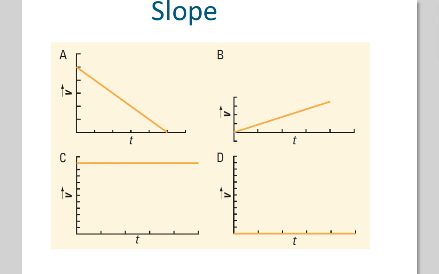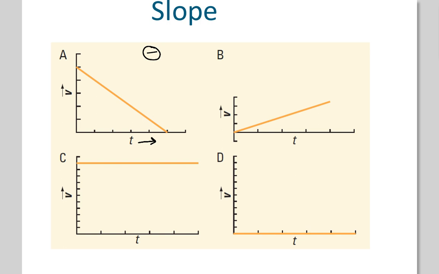Okay, first of all, I just want to talk about sign of slope. So let's take a look at A. Is that slope positive or negative? Why is this slope negative? Because as you can see, as time progresses to the right, what's the y variable doing? Is it gaining or losing?